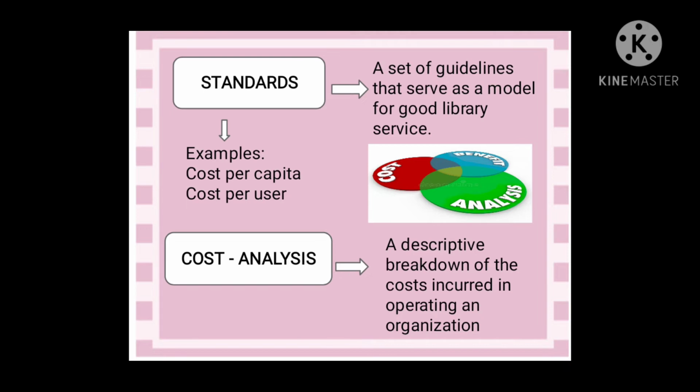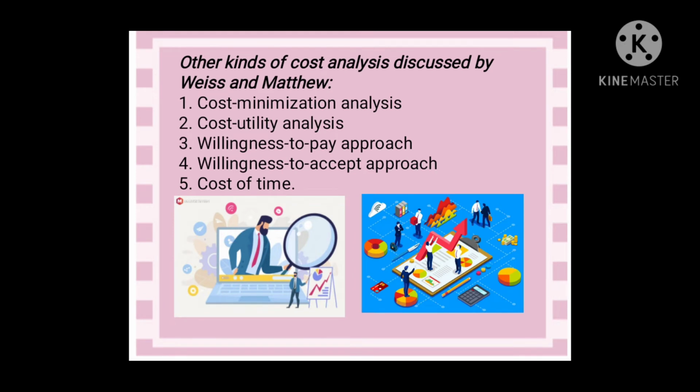an organization. So here are the other kinds of cost analysis discussed by West and Matthews, which include the cost minimization analysis that seeks to determine the least expensive way to accomplish some outcome. Next, we have the cost utility analysis. It considers the value or worth of a specific outcome for an individual or society.